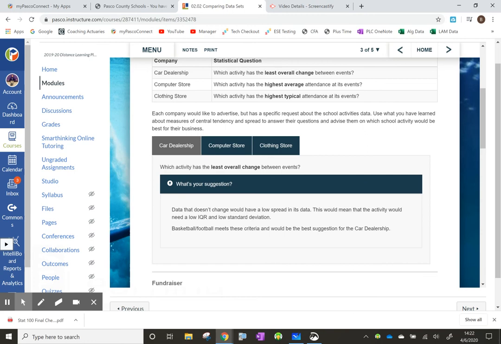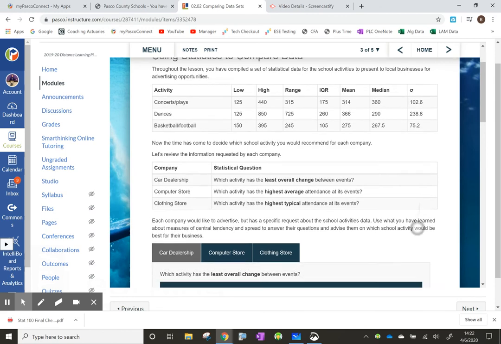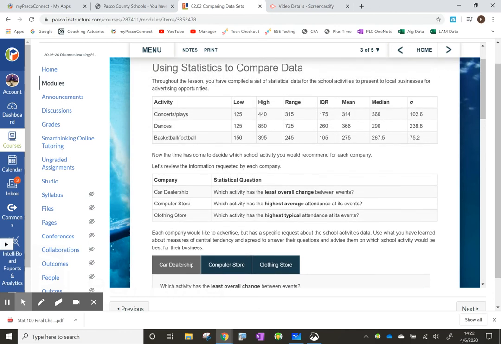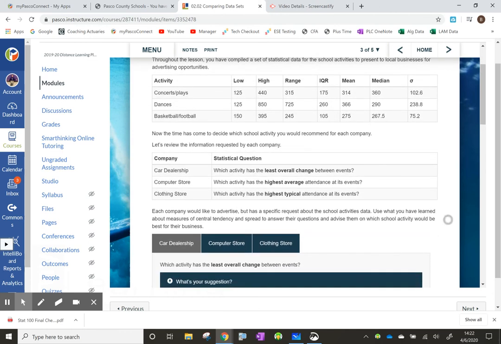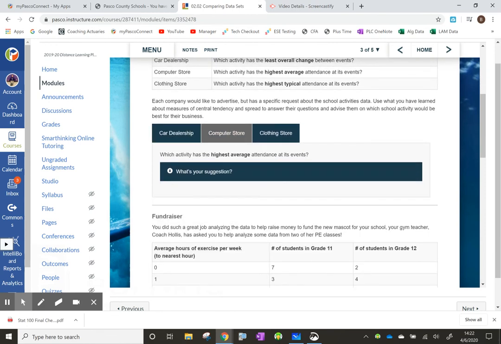And this is determined because of how less spread out the data is. If you look at the chart here, you'll notice that basketball and football games have the smallest standard deviation. Standard deviation is how spread out the data is. So if there's less change, you'll have a smaller standard deviation. And that's the one that has the smallest standard deviation at 75.2, meaning it has the least change, however you want to phrase it. So that's what the car dealership would go for.